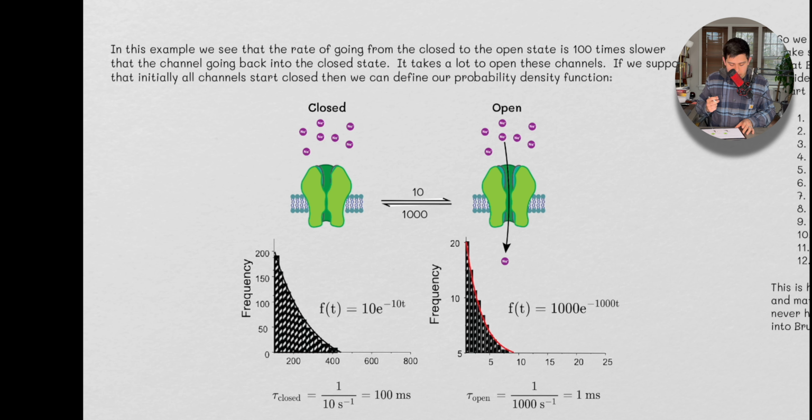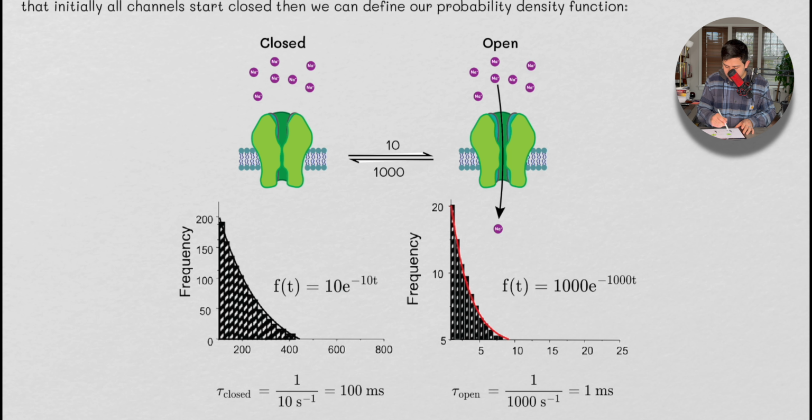Suppose that initially all the channels start closed, then we can define our probability density functions. So we have closed protein, we have open protein. The rate to get from closed to open is 100 times smaller than that from open to closed.